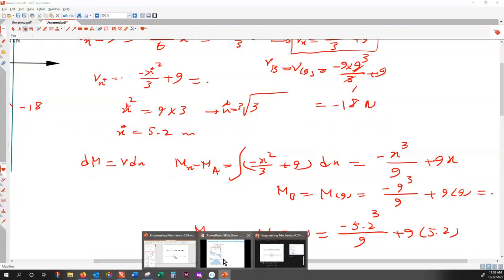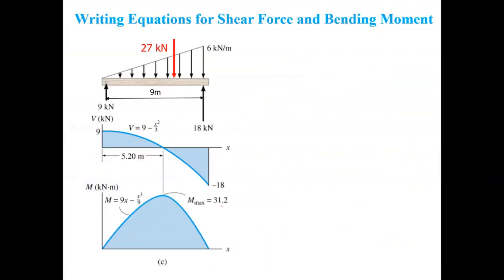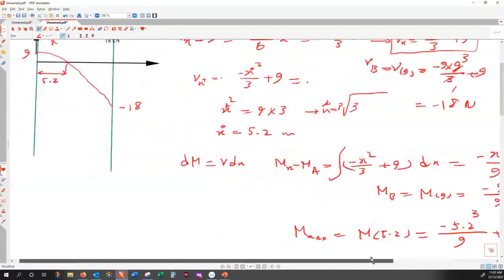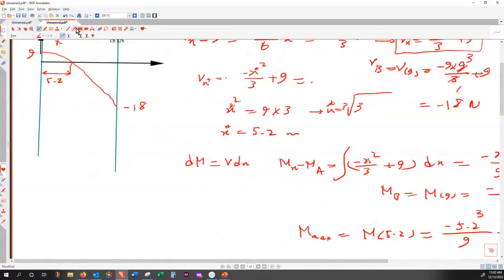And that is equal to 31.2, and the unit is Newton meter. So if I want to plot that, it is quite simple. This is a cubic.